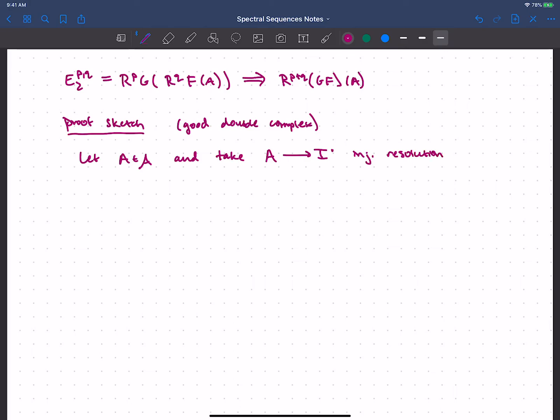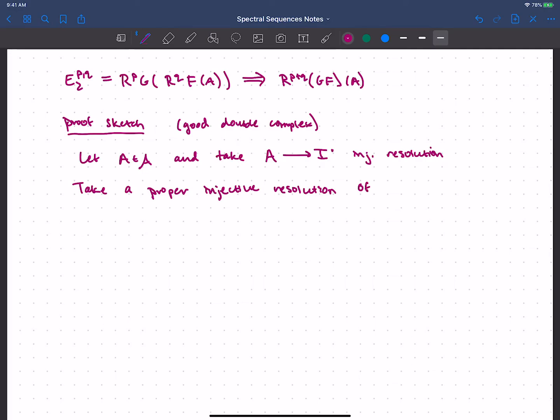My poor cat. Okay, now we're going to take a proper injective resolution. So remember, that's a double complex of a bunch of injective resolutions for some cochain complex. And what cochain complex will we use?